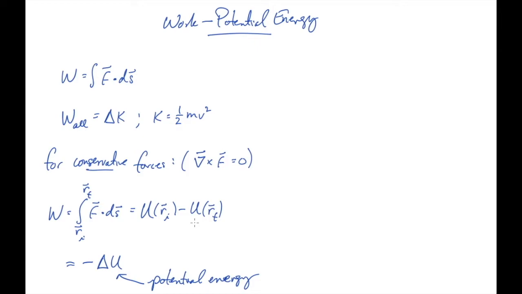And by the way, this implies that for a conservative force, the work done on a round trip, if I take some closed path, if I evaluate F dot ds on some closed path, I'm going to get 0. Because I'll have some scalar function at some location minus the same scalar function at the same location because I took around a trip, so I'm going to get 0.